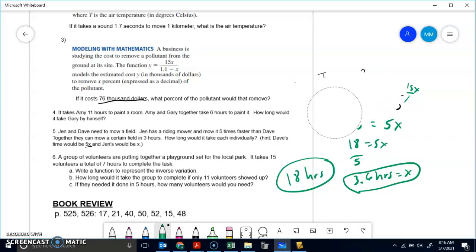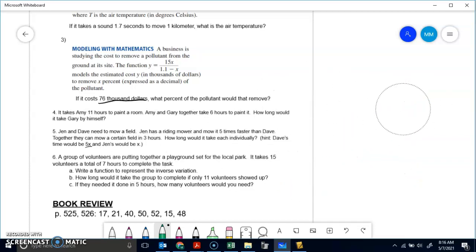Okay, let's go to 6, and this is like yesterday's problems. So it takes 15 people 7 hours to complete a task. Okay, so 15 times 7. So that means my total is 105 for k.